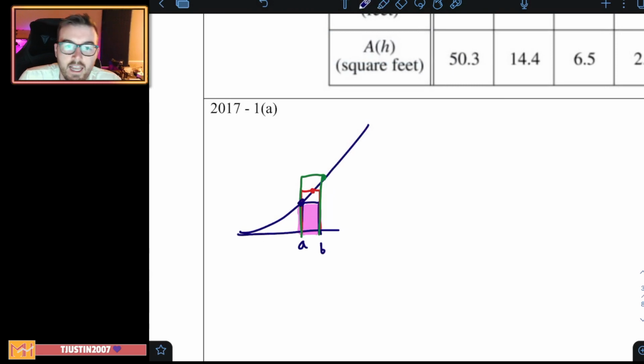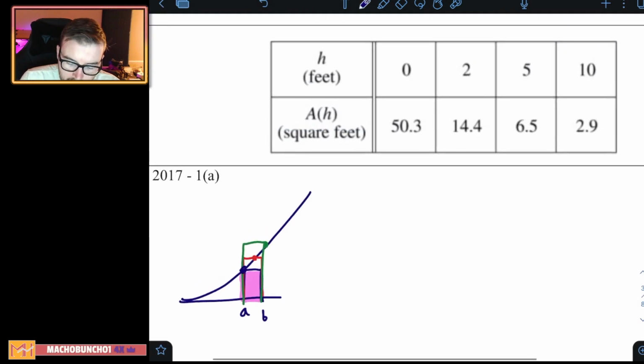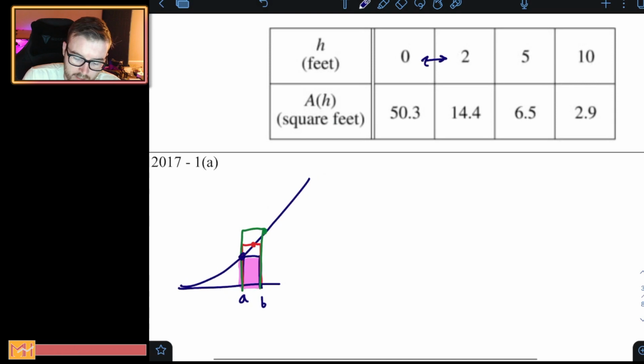So the area of a rectangle is length times width. So the width is the distance between the 2 points. So 2 minus 0 times the height, and the height is the first value, not the second one, because you're using the left hand. 0 is left of 2.